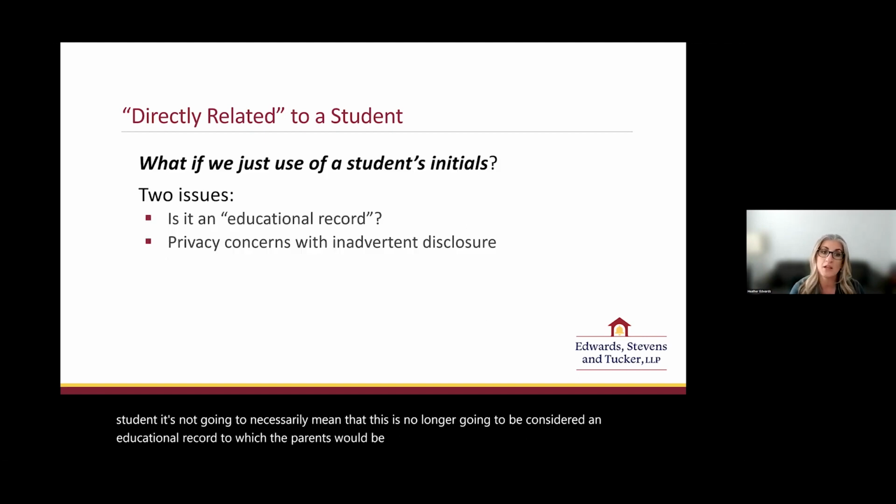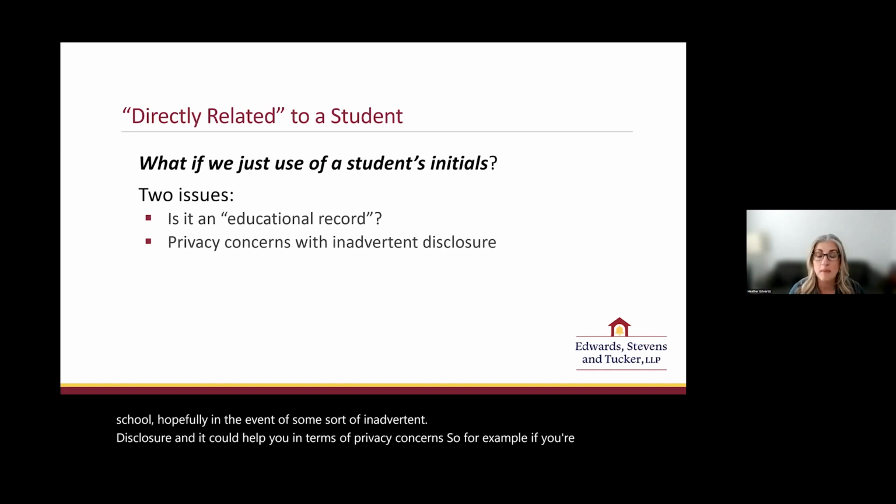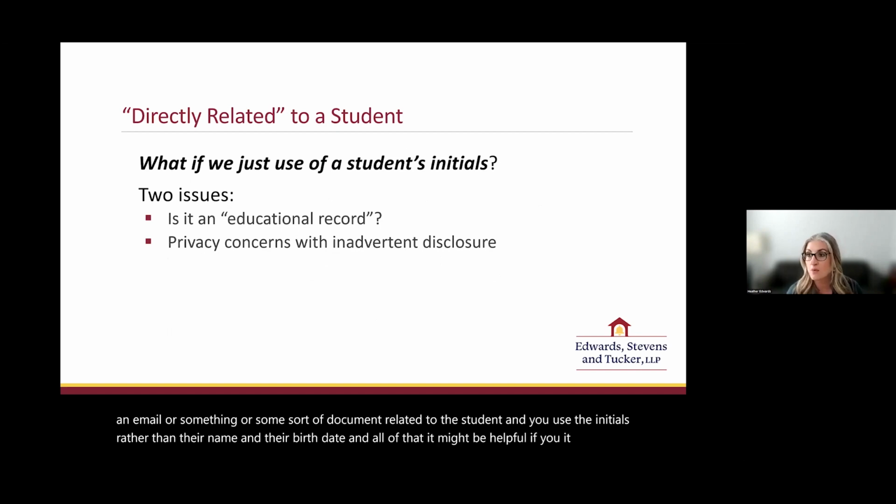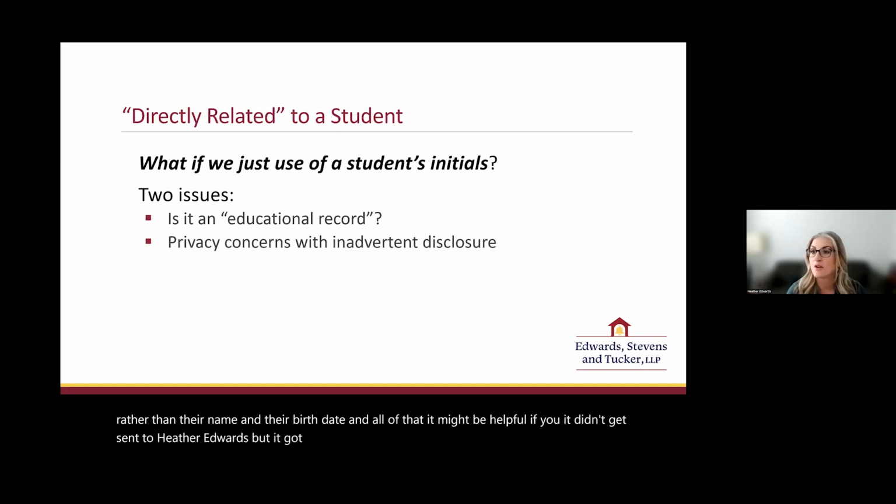The only reason why you might want to consider using students' initials or some sort of other identifier is it does protect the school, hopefully, in the event of some sort of inadvertent disclosure. And it could help you in terms of privacy concerns. So for example, if you're sending an email or some sort of document related to the student and you use the initials rather than their name and their birth date and all of that, it might be helpful if it didn't get sent to Heather Edwards, but it got sent to Heather, who is a journalist for the local newspaper.